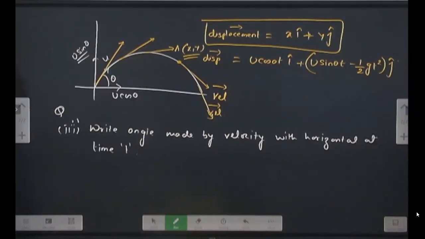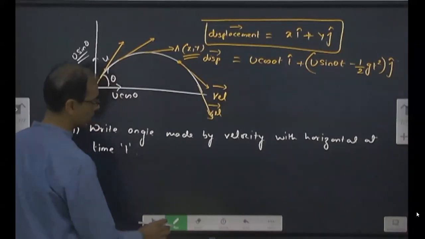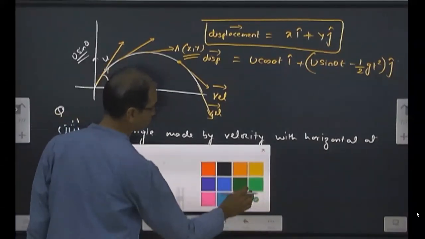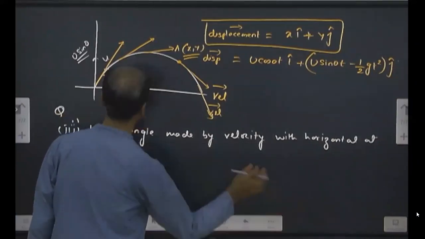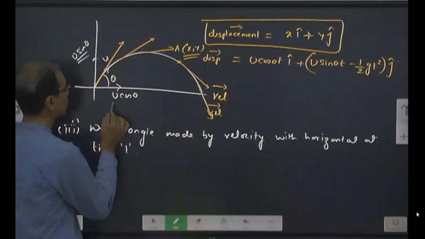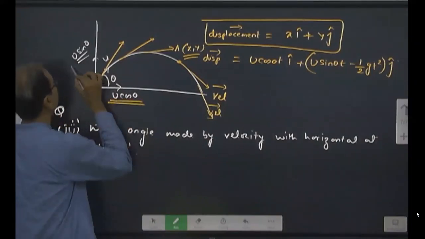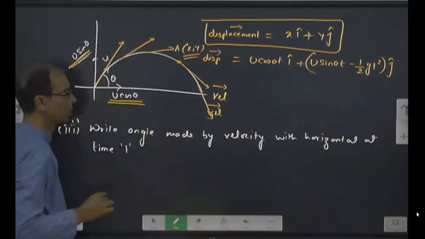Yes, sir. Okay. So to understand how to find the angle of velocity, first we have to go to the point of projection. Point of projection is this point. Horizontal component of velocity is u cos theta and vertical is u sin theta.